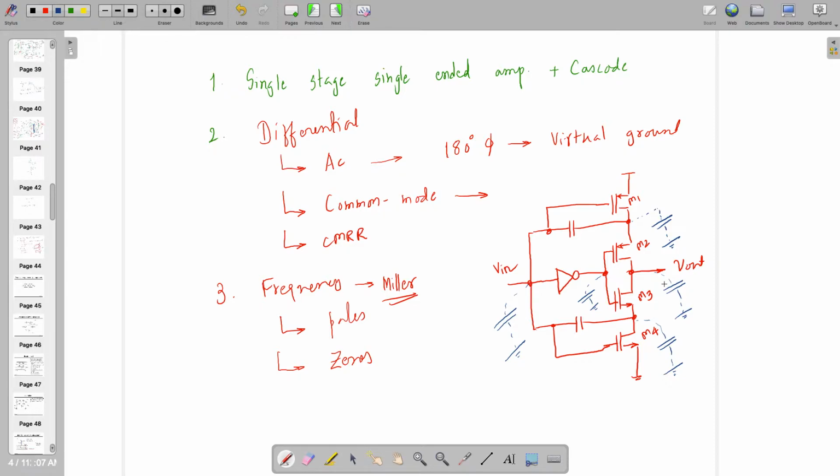Similarly, between Vin and Vout, you will see that there is a transmission. From here to here, there is a capacitor, right? So there is a transmission from here to here. There is one more, which is here to here, and of course through this path also there is a link.